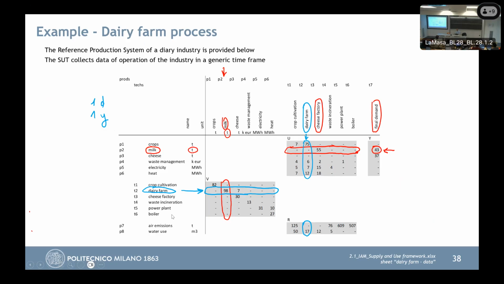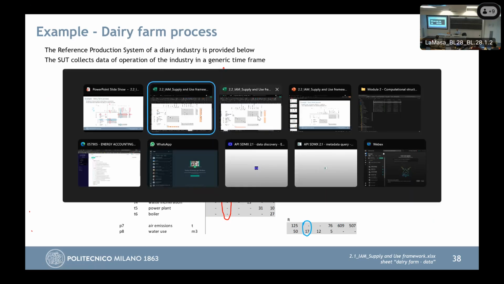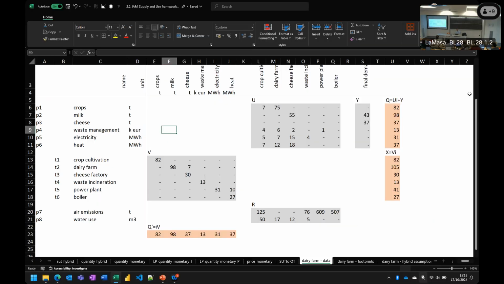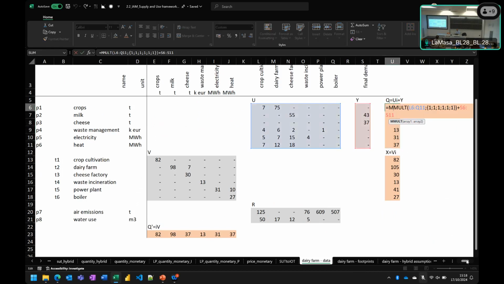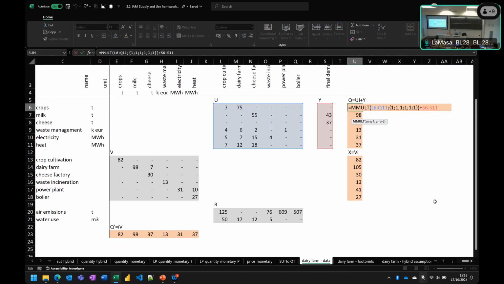Let me check how I solve these. I did this calculation here. So I have the product of matrix U times curly brackets 1, semicolon 1, semicolon 1, plus final demand.